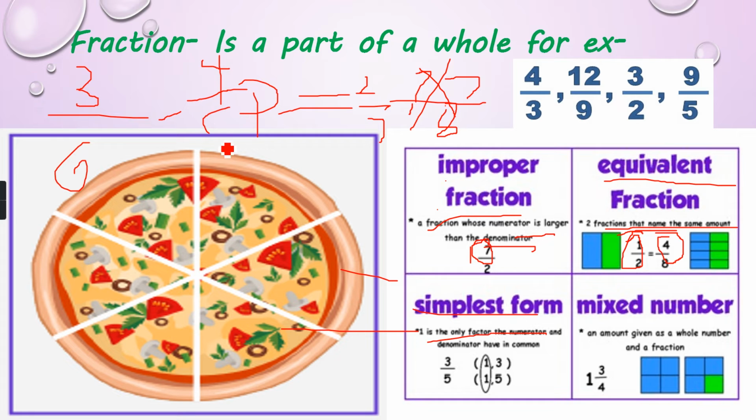If you find the simplest form, you find the common thing. If something is common here, that is the simplest form. Okay, so like here you can see 1 upon 3 upon 5. So here 1 is there, 3 is there. Here also 1 is there, 3 is there. So this 1 upon 3 is the simplest form of them.